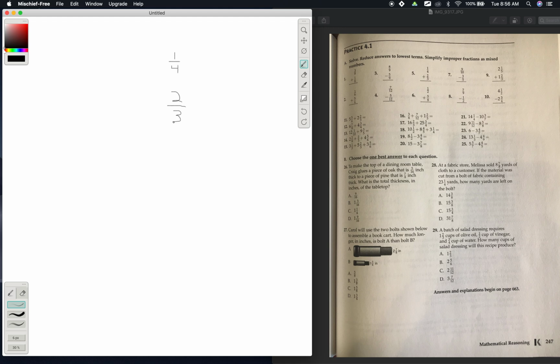So let's see, we're adding here. Okay, so see how these have unlike denominators? We have a 3 here and we have a 4. So we have to make these both into, I'll just write it. You should be able to do this in your head, but I'm just going to write this here anyhow.